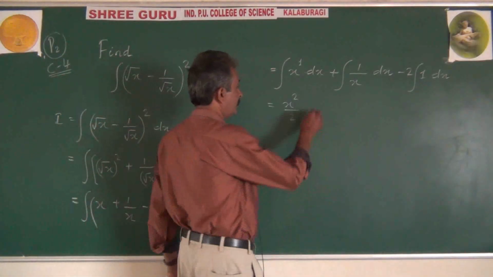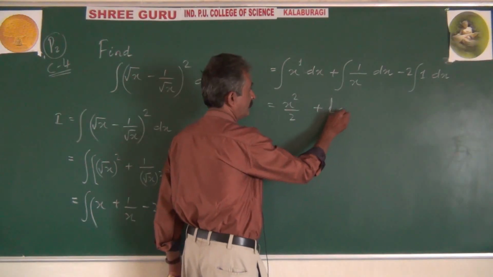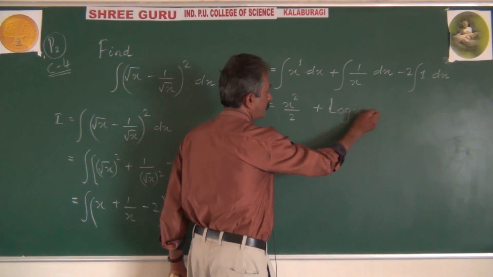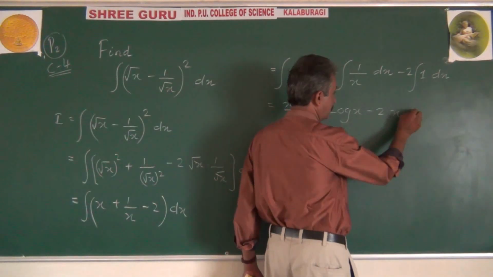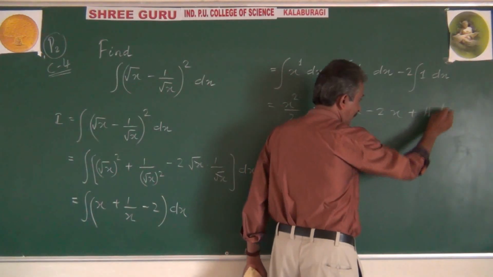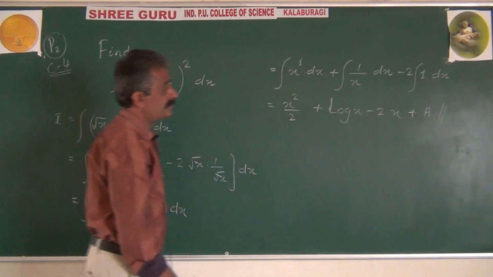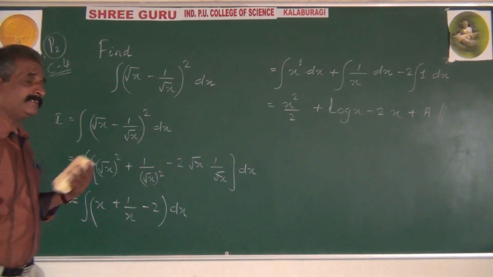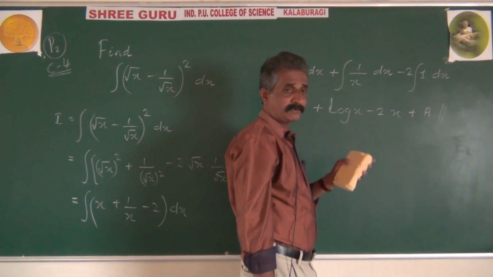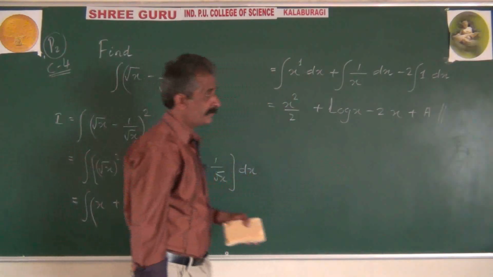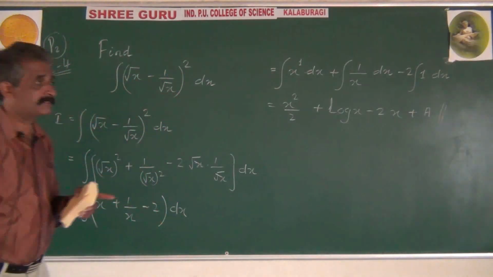So conversely, integration of 1 by x will be log x, minus 2 into integration of 1 dx will be x, plus constant. As far as arbitrary constant is concerned, not necessarily c, any can be added, a, b, c, d, but not more numbers of constants, only one constant to be added.